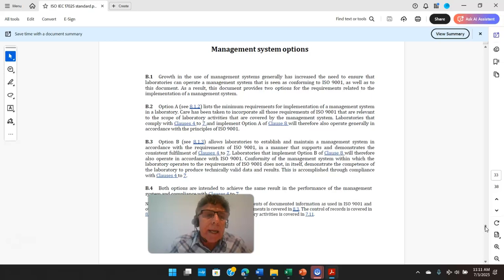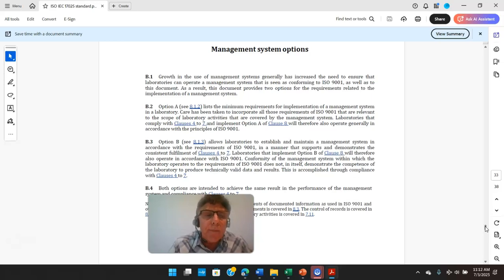So option A basically says that the list in option A of clause 8 lists the minimum requirements for implementing a management system in a laboratory, and care has been taken to incorporate all those requirements of ISO 9001 that are relevant to the scope of the laboratory activities covered by the management system.